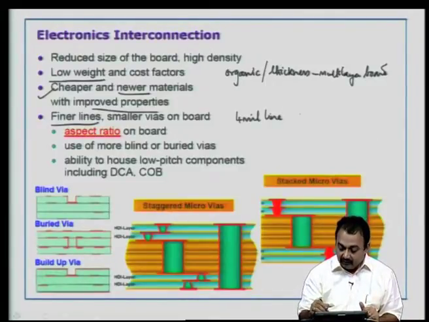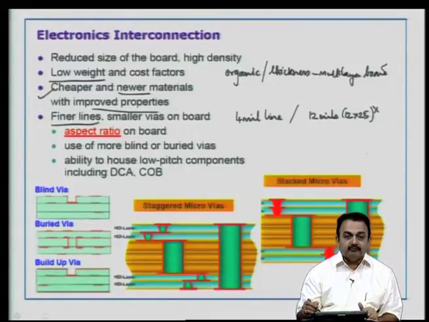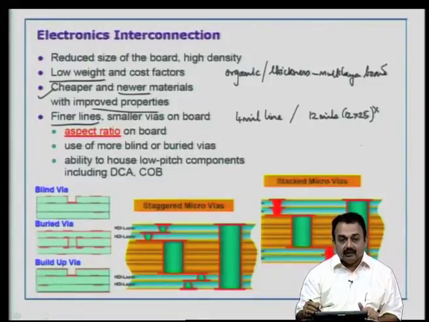But if I say I can do only 12 mils, that is 12 into 25 micron, then people are not going to do business with me. So, this is the kind of global leading edge manufacturer requirement for which you have to enhance the chemistry and the technology capabilities in your industry.